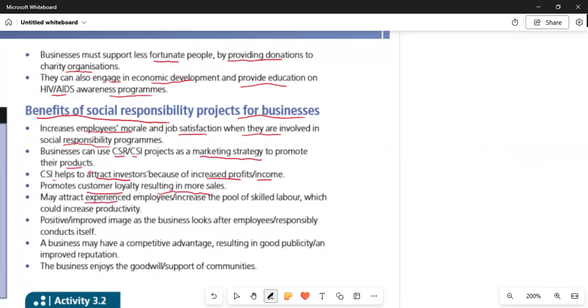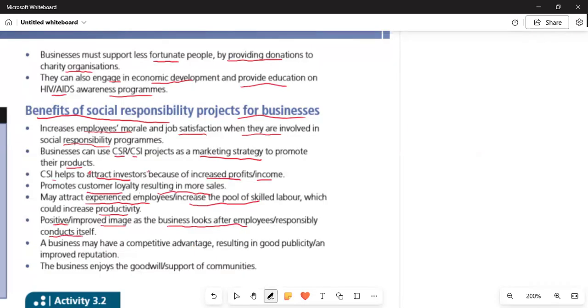It may attract experienced employees and increase the pool of skilled labor, which could increase productivity. Such organizations that practice corporate social responsibility and corporate social investment attract competent employees who are going to deliver at the workplace.